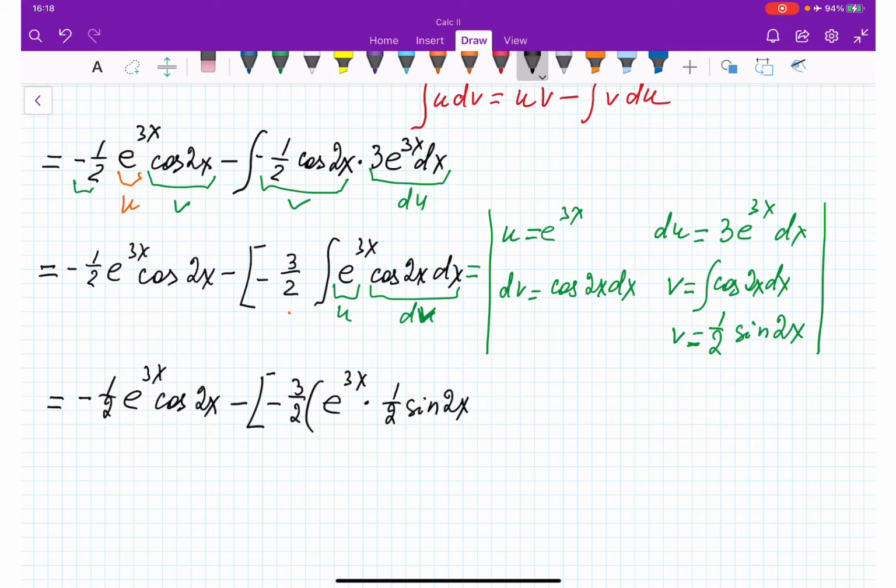Minus integral v du: v is 1/2 sine 2x, times 3 e to power 3x dx.